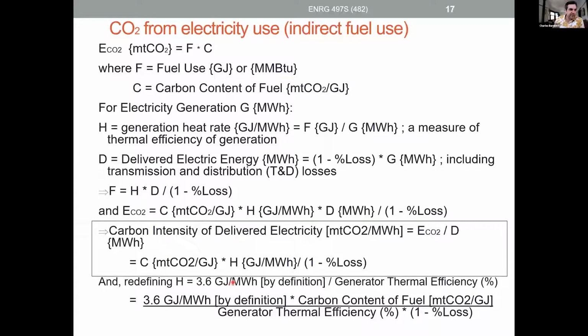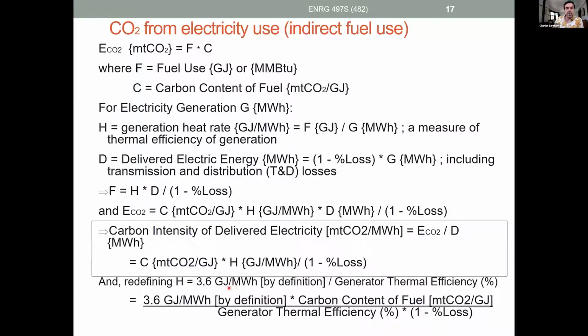Heat rate is in gigajoules per megawatt hour, but efficiency, remember, is unitless. So it needs to be gigajoules per gigajoules or megawatt hours per megawatt hours. To get megawatt hours per megawatt hours, we take a gigajoule, which is 1 billion joules, and we have to get it up to a megawatt hour, which is 3.6 billion joules.